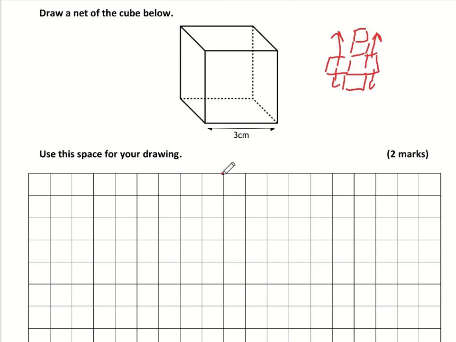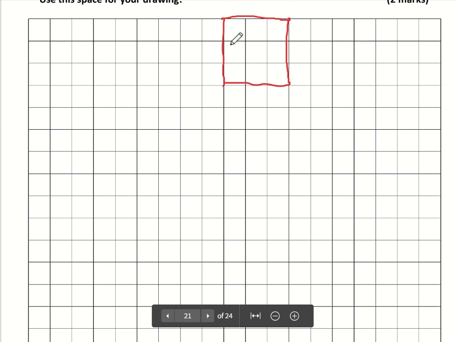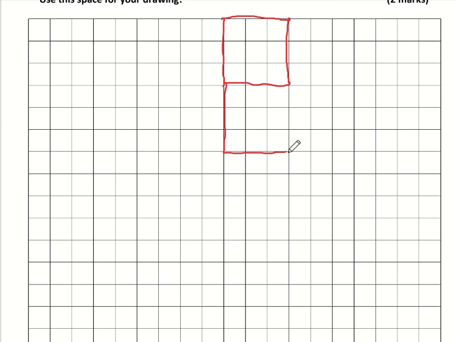So let's just go for it. So if it's 3 centimeters, then let's do a square, which is 3 by 3. Again, using a ruler would be preferable. So I'm going to do 4 of these on top of each other. 1, 2, 3, 4. As I said, there are a couple other ways you can do a net of a cube, but for me the most straightforward is just do 4 squares in a line, and then do 1 on the left hand side and 1 on the right hand side.